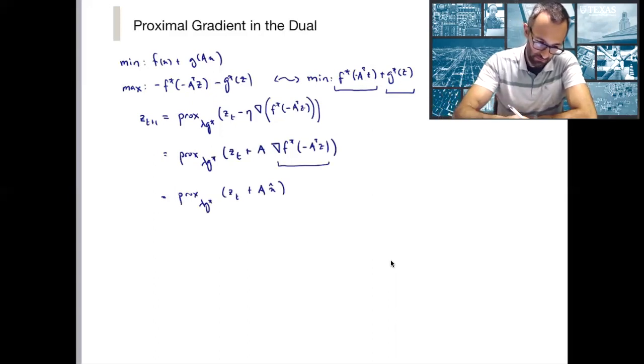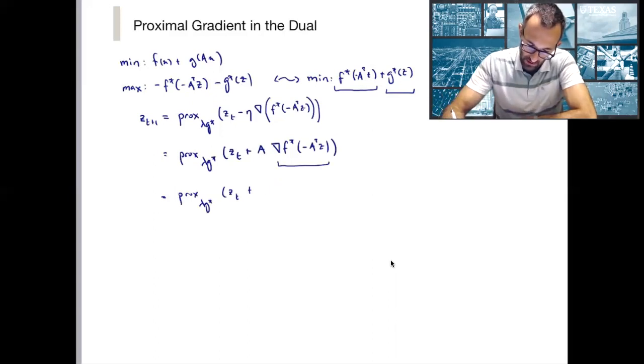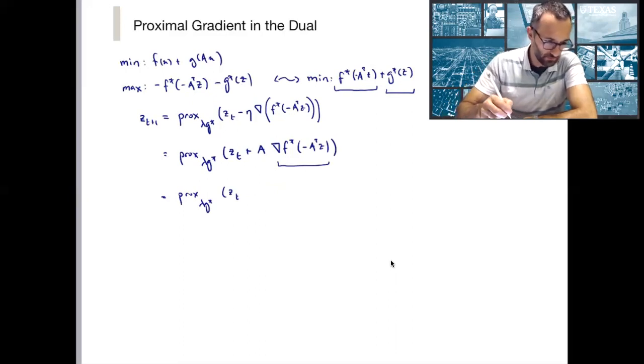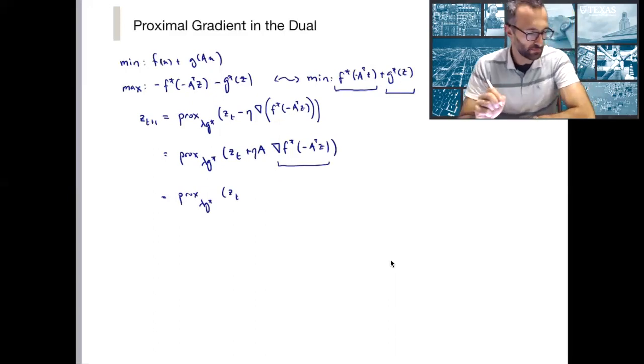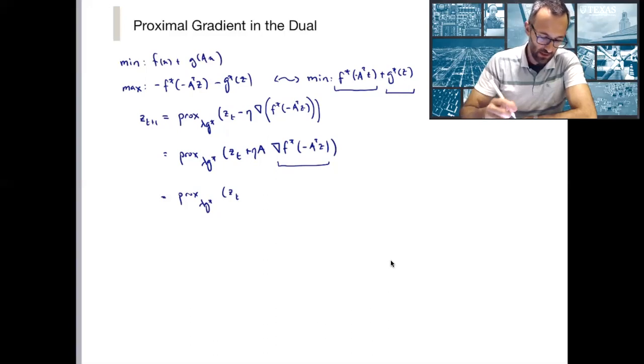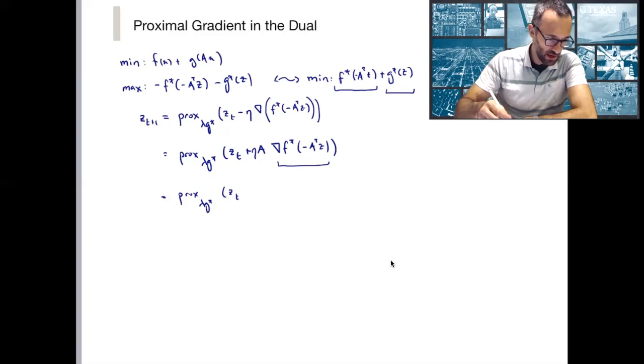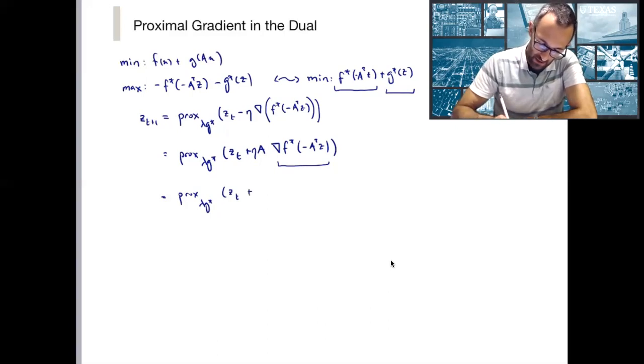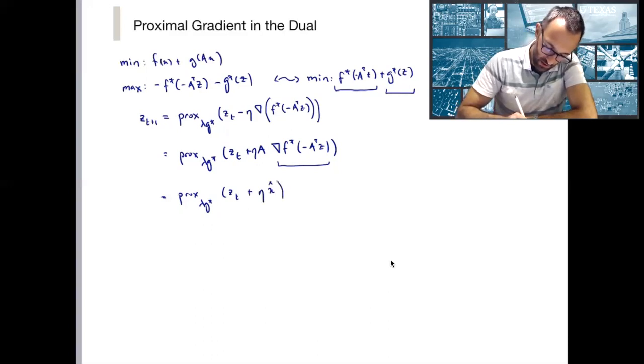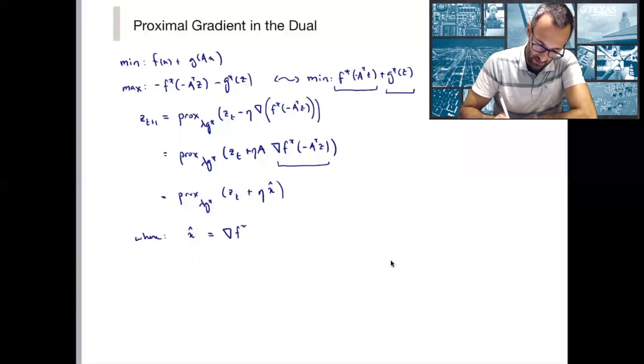Whoops, I need a step size. I can write this as the prox of z t plus eta A x hat, where x hat is equal to the gradient of f star of minus A transpose z.